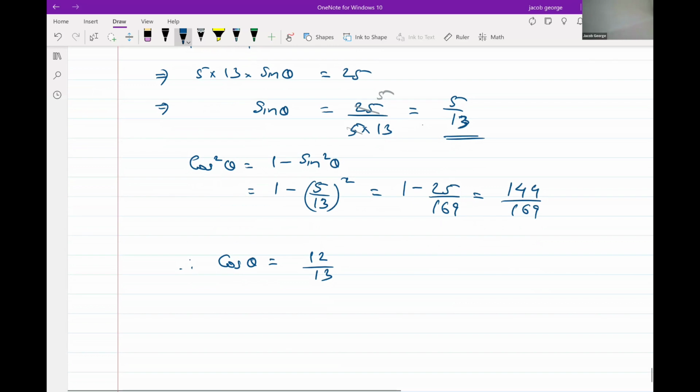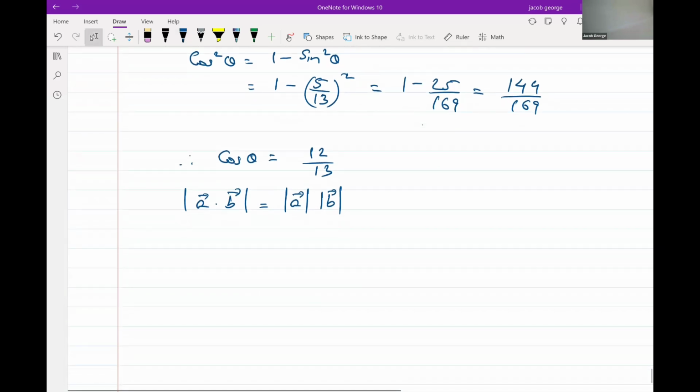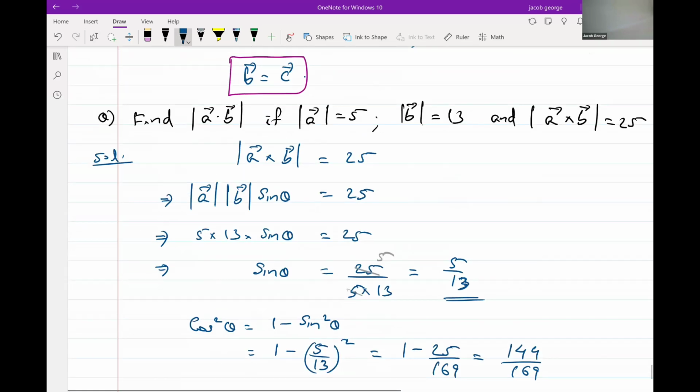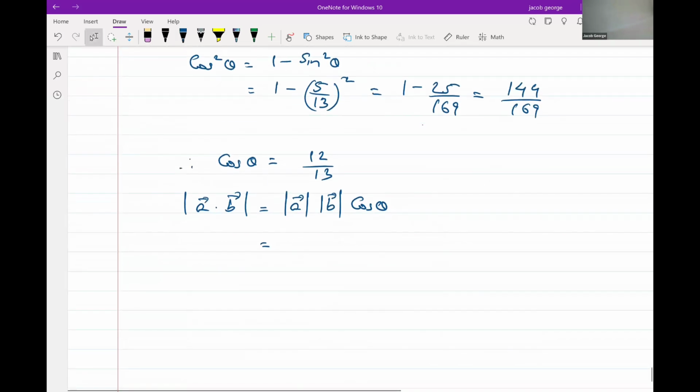And now we find magnitude of vector A dot vector B. It is modulus of vector A into modulus of vector B into cos theta. What is modulus of vector A? Yes, 5. 5 into 13 into 12 by 13.